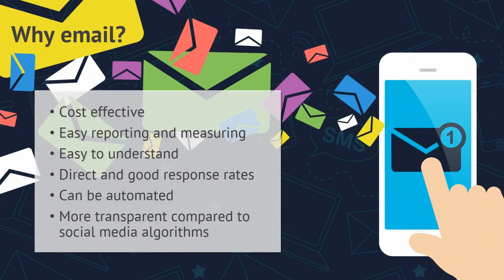Or in the case of Fund My Community, it might be that you run an automated email once a week as people are added to your email list to promote the fact that your project is online and it's available to vote for. The other really critical thing here is it's more transparent compared to social media algorithms.